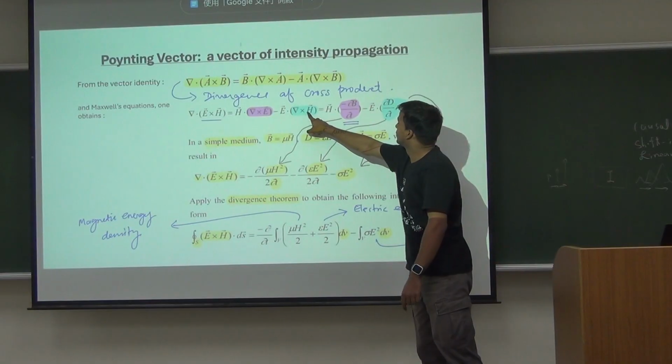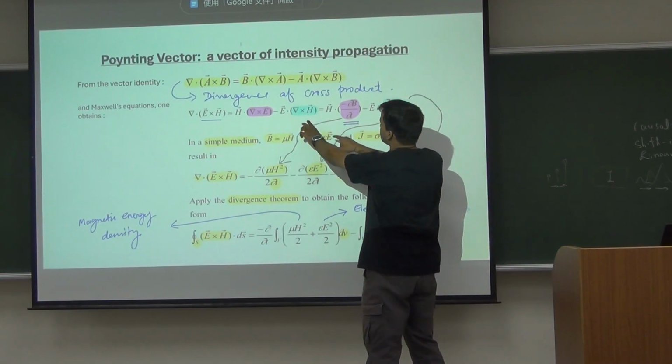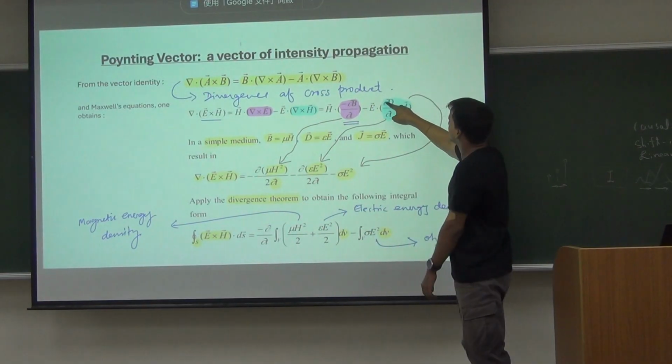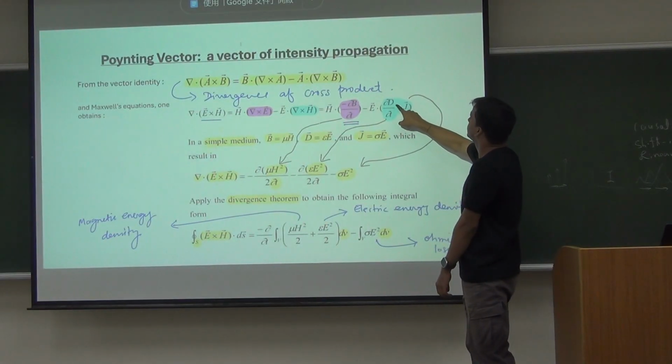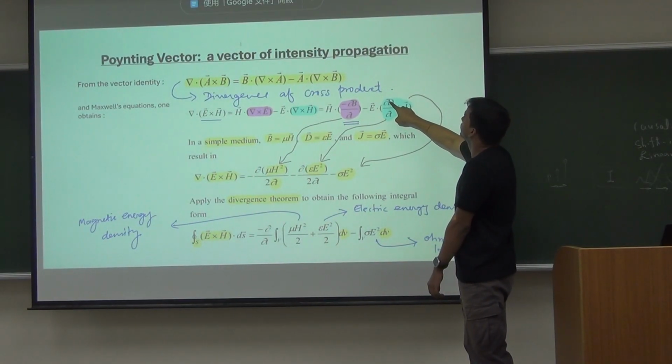And this is the curl of the magnetic field, which can be replaced by the current density and the rate of change of electric flux density here.